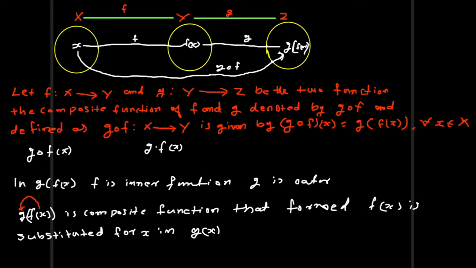So we can take one example. Suppose f of x equal to 2x plus 1 and g of x equal to 3x minus 5.